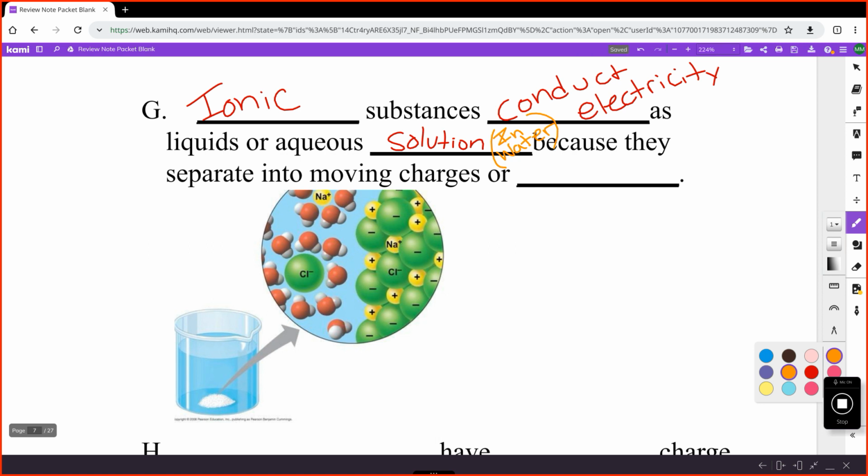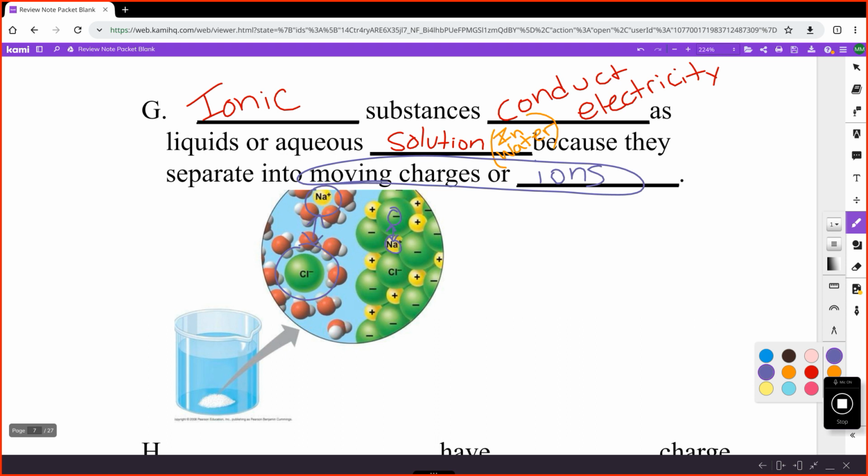The reason has to do with their moving charges, or their moving separated ions. If you look at this picture, you see the positive and the negative are right next to each other, and they cancel each other out. But the moment this salt, this ionic compound, dissolves in water, the positive and the negative get separated.